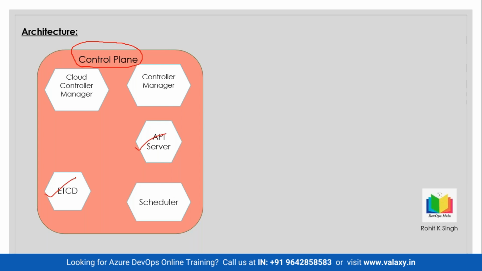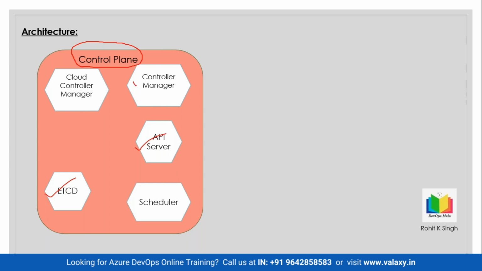Now etcd is nothing but a consistent and highly available key-value store used in Kubernetes. So this is basically the database of Kubernetes. Right? It's a consistent and highly available key-value pair database which Kubernetes uses for storing the secrets and the config map. So these are the components which are installed on your master node.